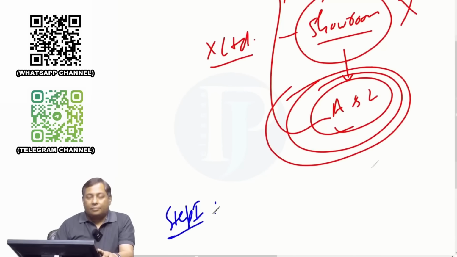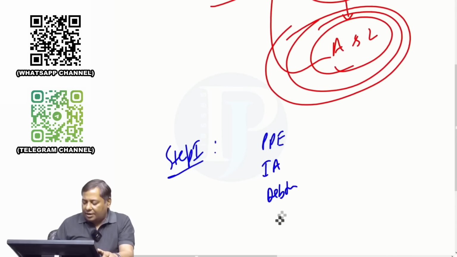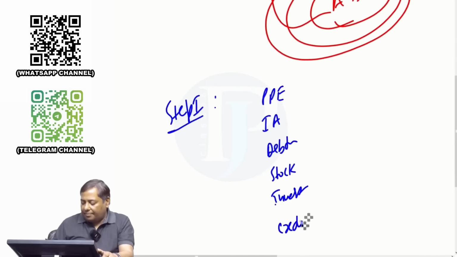First step, in this disposal group, no matter what asset is in it, let's say it has PPE. Just for the sake of an example, assume that it has intangible assets, debtors, stock, investments, and creditors. Understood? This will be its net figure.